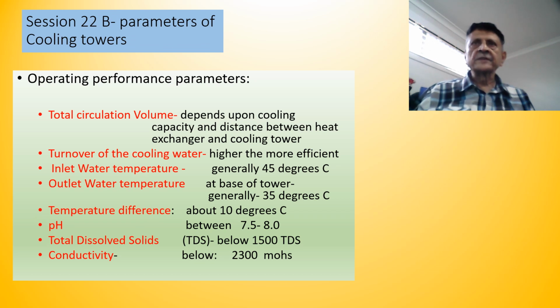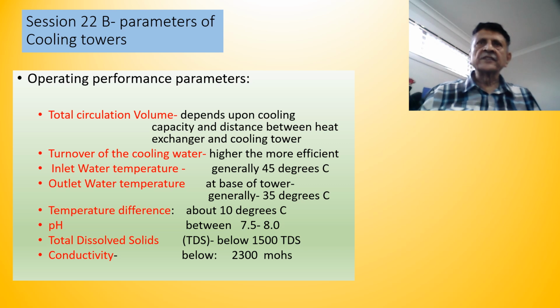With certain performance parameters, we have to know when we do any treatment. We must know the total circulation volume. That depends on the cooling capacity and also where the air conditioning system is situated and the distance between the cooling tower and the AC systems.